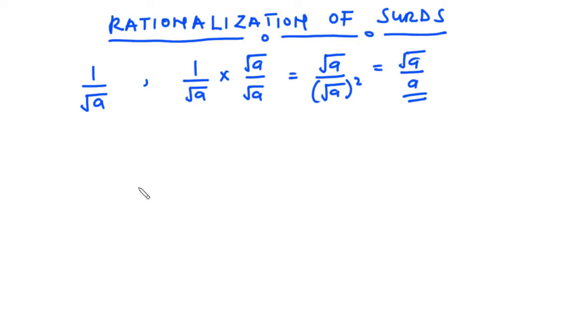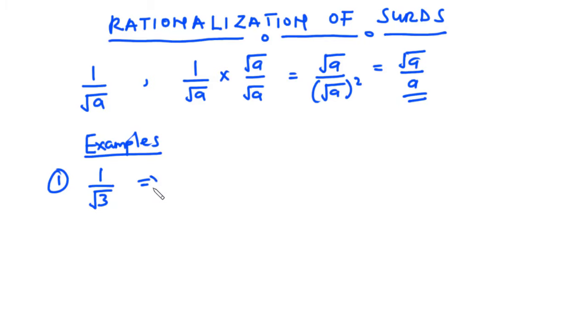Now let's solve some examples. So for the first example, let's rationalize the expression 1 over the square root of 3. Now to do this, we are going to multiply top and bottom by the square root of 3, or the numerator and the denominator by the square root of 3.